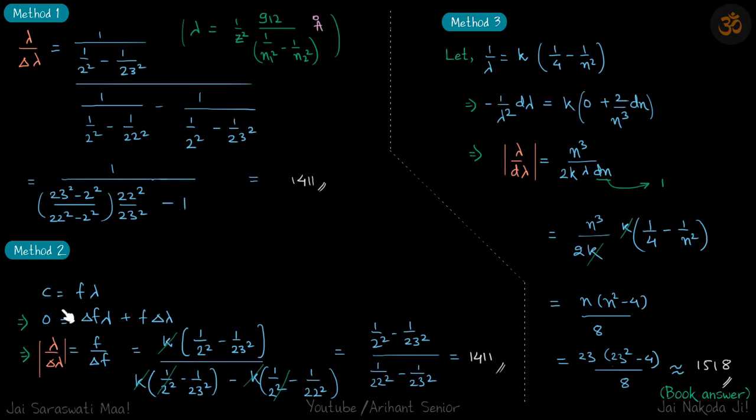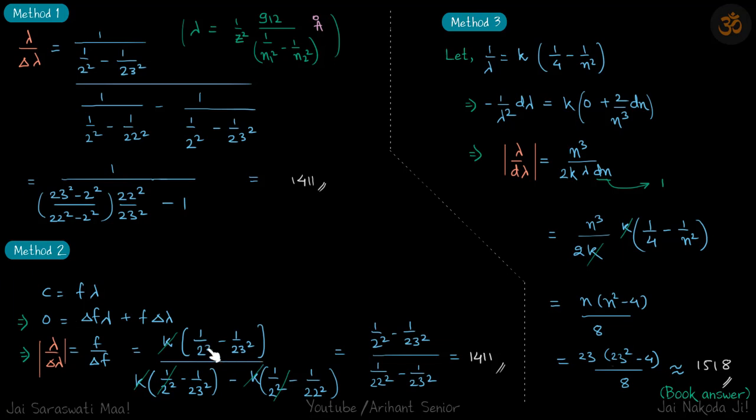Now the second method. We know velocity of our electromagnetic wave is f lambda. So 0 is equal to delta f lambda plus f delta lambda. We are only concerned about magnitude. So lambda by delta lambda is f by delta f. And now we know frequency is proportional to energy because energy is h into frequency, and energy we know is proportional to again some constant k into 1 by n1 square minus 1 by n2 square.